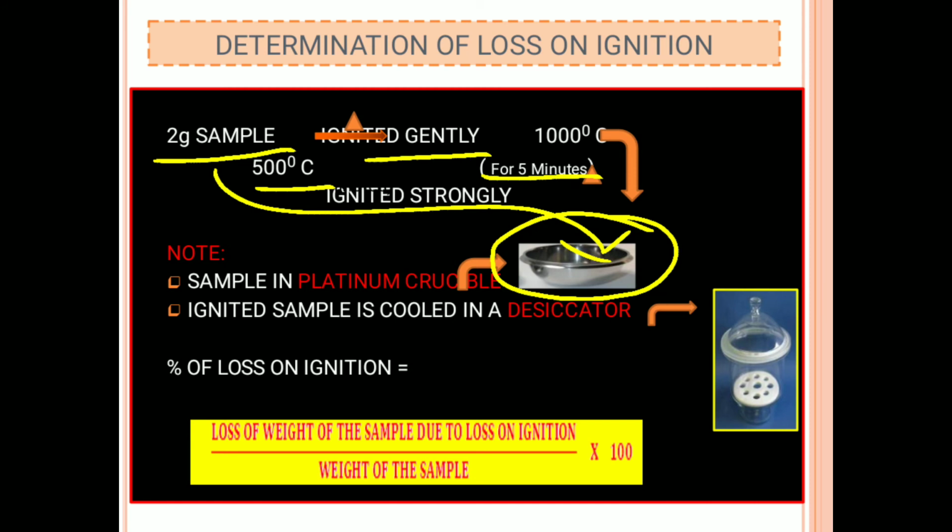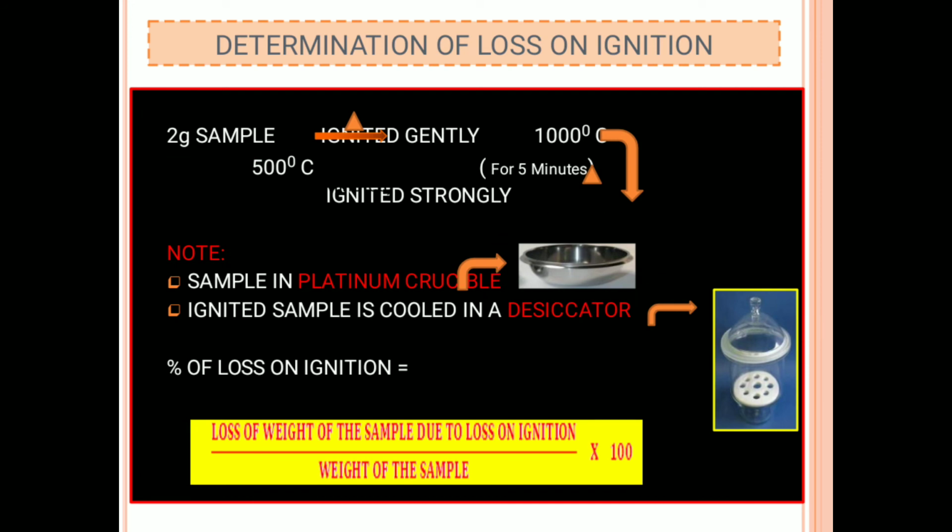After that, you need to ignite it at very high temperature, that is 1000 degrees Celsius, very strongly. Then automatically what happens? If any combustible matter is there in the iron ore, will be ignited, so that you can get the information about the loss on ignition.